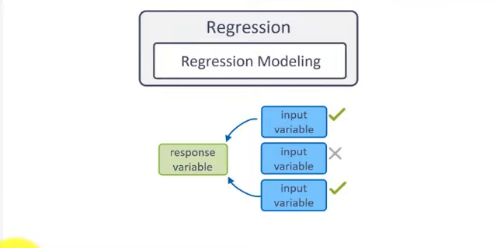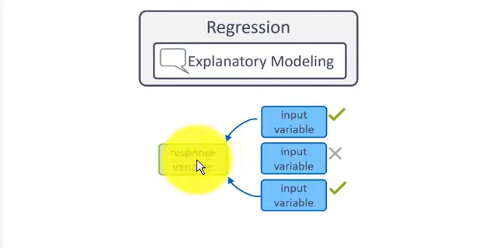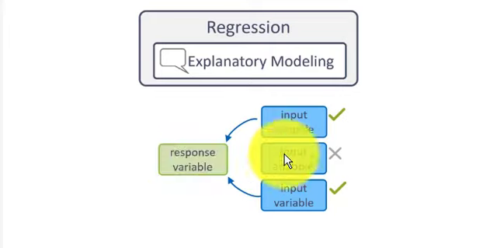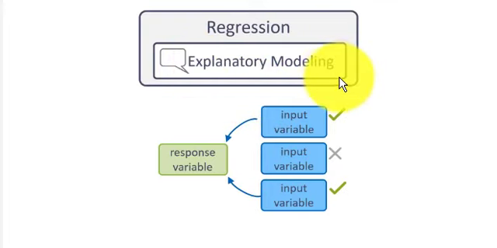Now, a regression model finds the relationship between those input variables and the y. Some of them will contribute to the model and some might not. This type of analysis is called explanatory modeling, and that's what you have been doing in your past statistical courses.